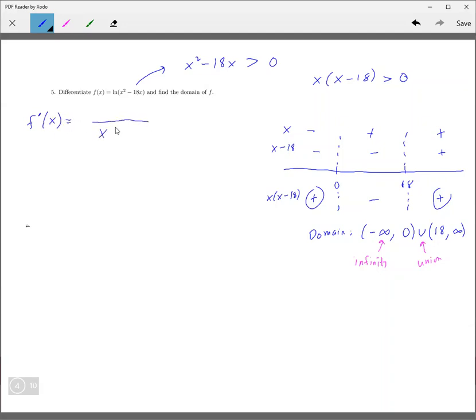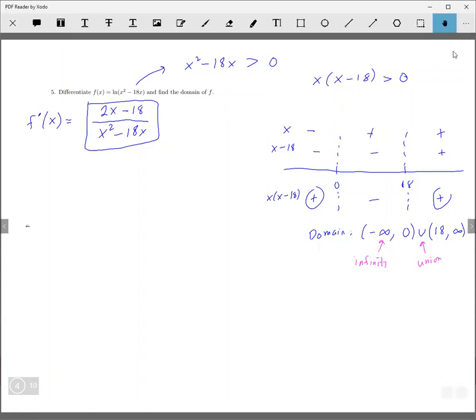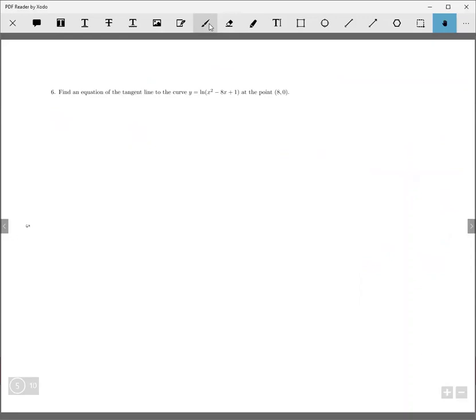That's 1 over x squared minus 18x, which is the natural logarithm, times the derivative of the inside part, which is 2x minus 18. Okay, great. Any questions on that one? Okay, let's go to the next one.